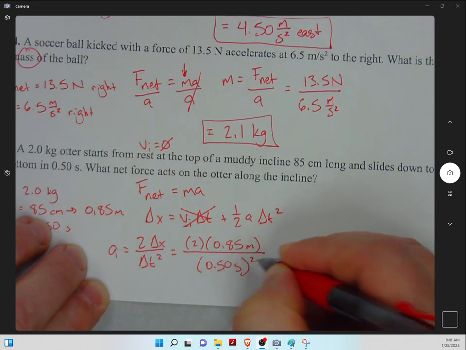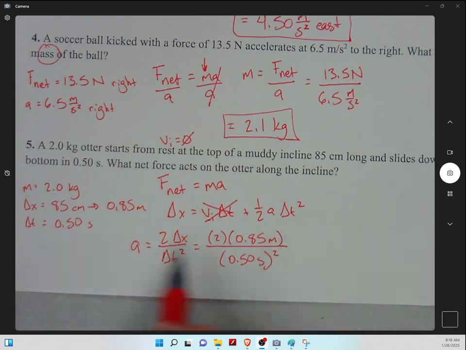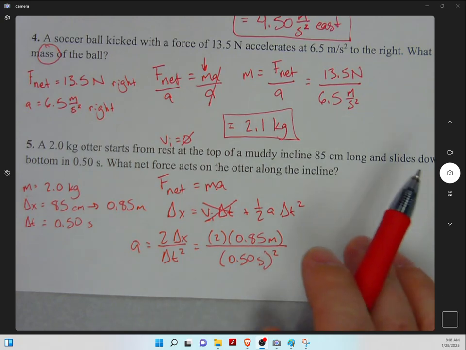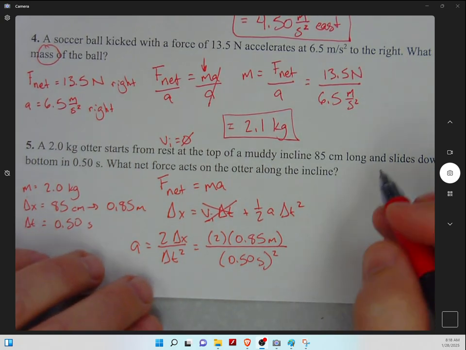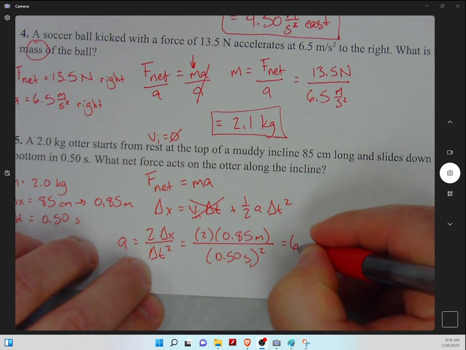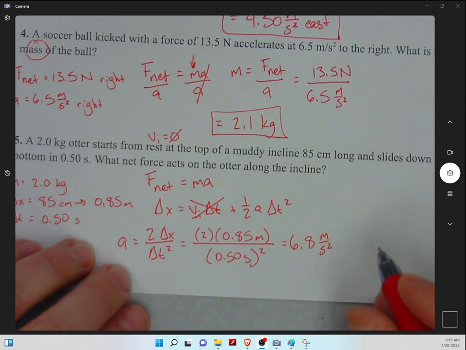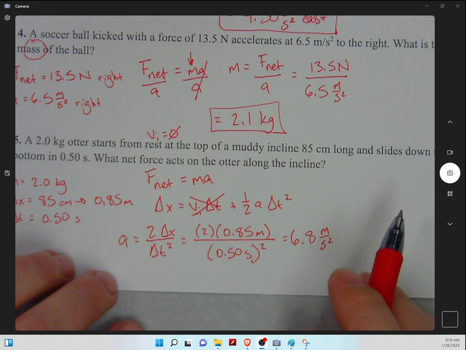And don't forget to square that. If you're going to mess up this problem, probably you're just going to plug in 85 right here as opposed to 0.85. And that's going to cause the units to not agree. The other thing you can do to mess this up is forget to square the 0.5. Now, once I carry out this calculation, my calculator says that the acceleration is 6.8 meters per second squared.